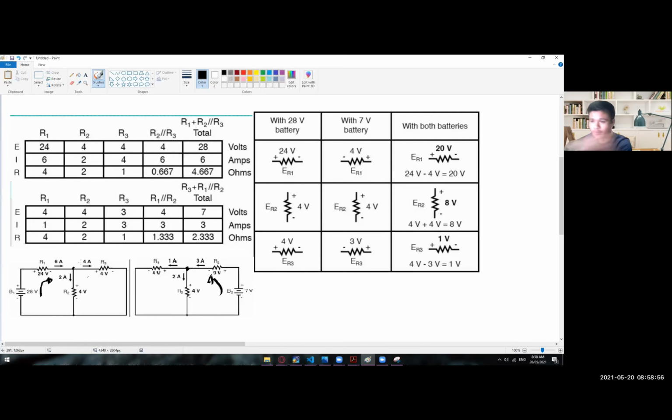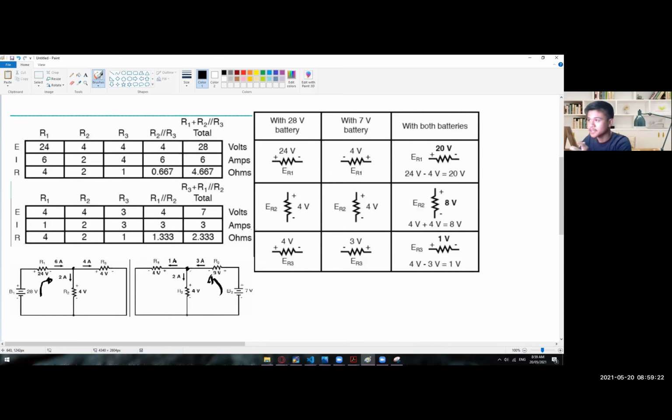There will be a collision, wherein the larger value will dominate that path or that node. So it's quite obvious already that B1, the left side voltage, is the one that is going to dominate the entire flow of current.